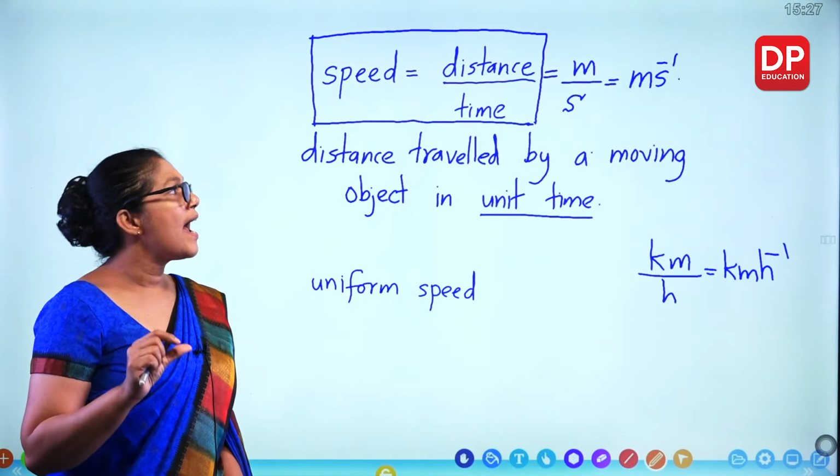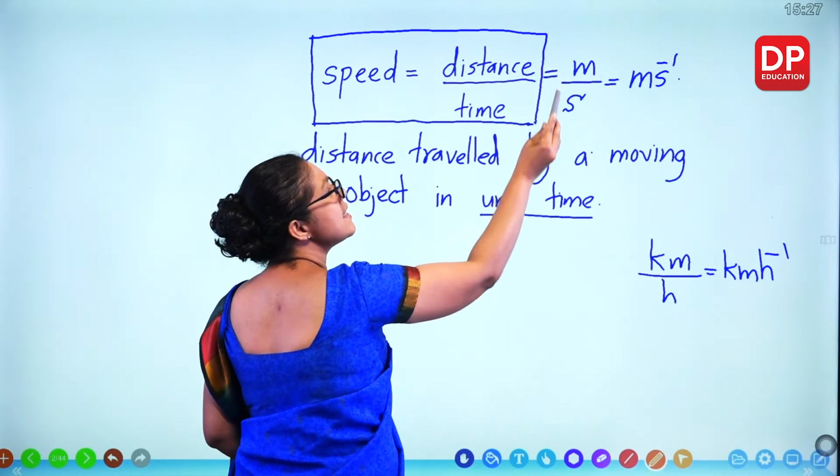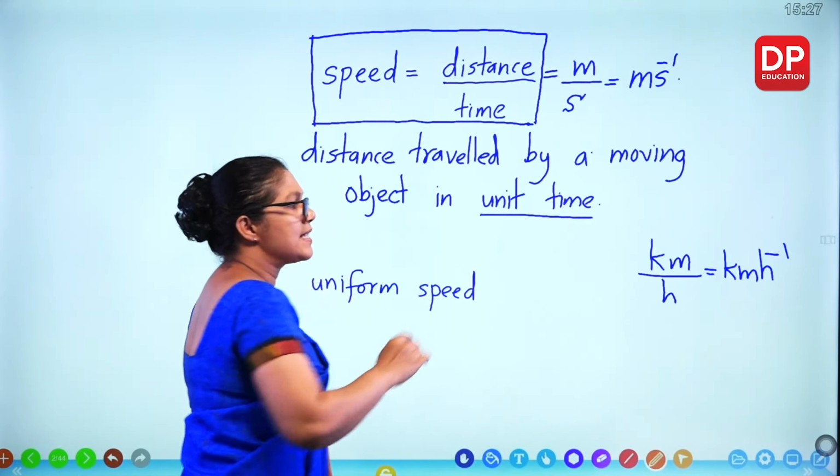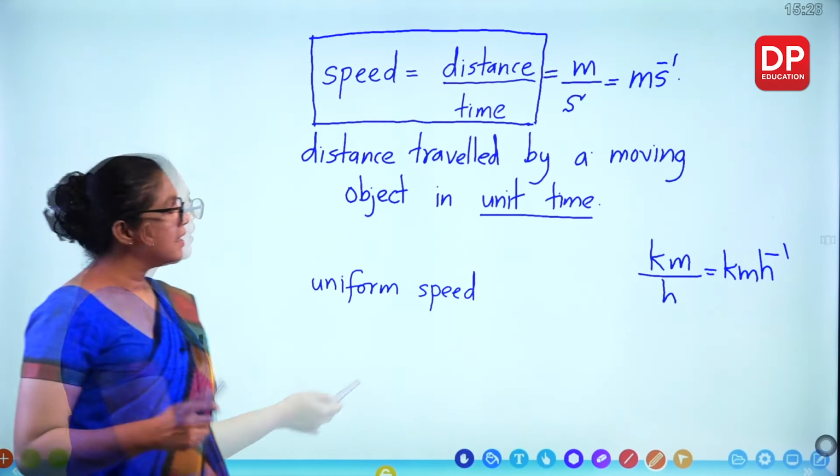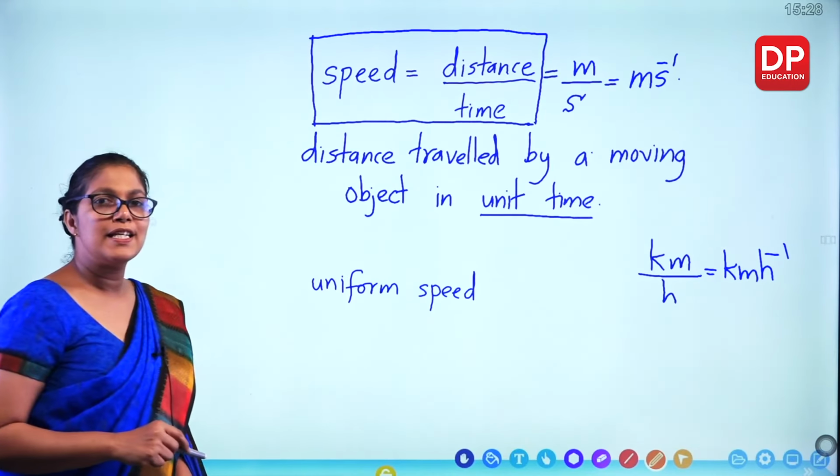So the standard units are meters with seconds and kilometers with hours. Now, what is uniform speed?